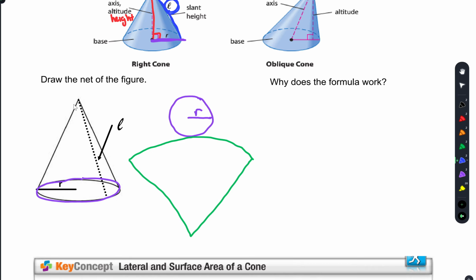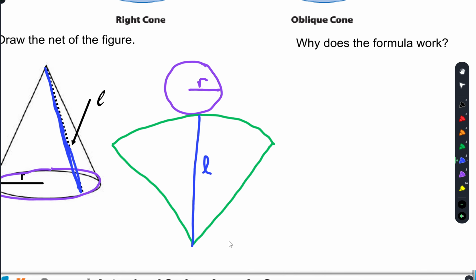I'm going to draw in this slant height here. The slant height goes from the vertex down to the edge. I'm going to call that L. And then I need to describe what I'm going to call the base. It's not really a base because it's curved, but if that triangle were an actual triangle, we would call this the base of that triangle.